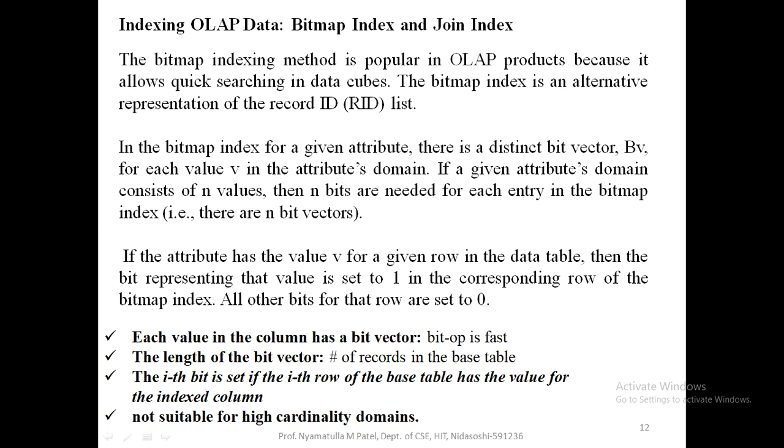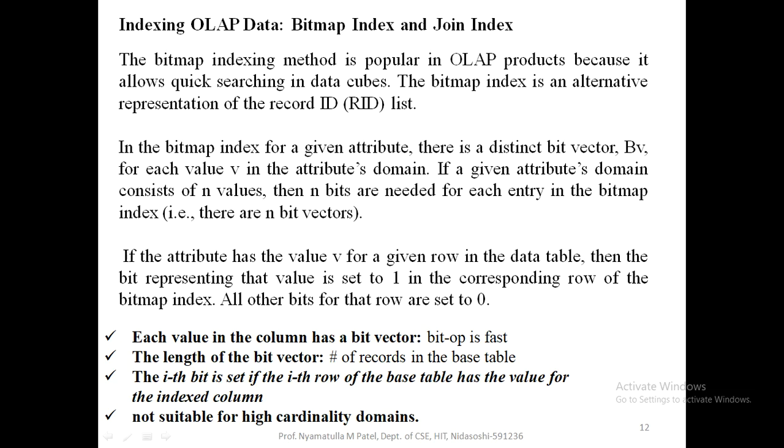So, each value in the column has a bit vector that represents whether that particular data is present or not. What is the length of the bit vector? That is the number of records in the base table.